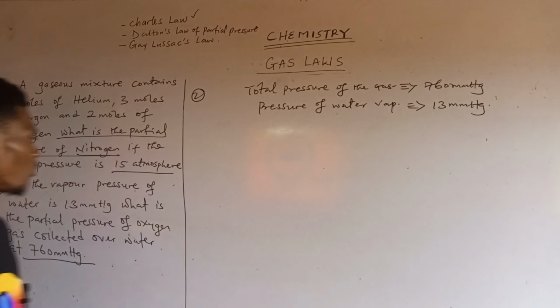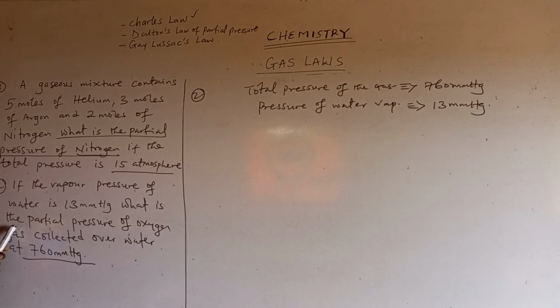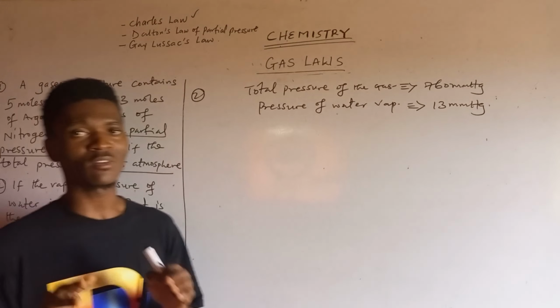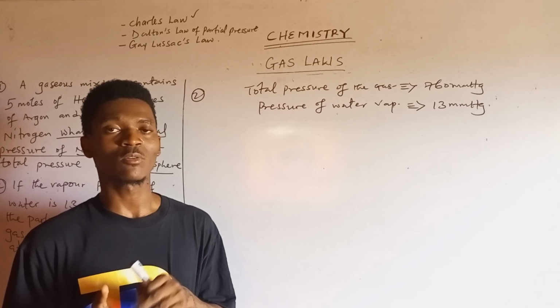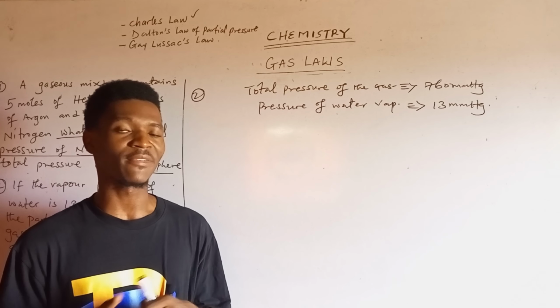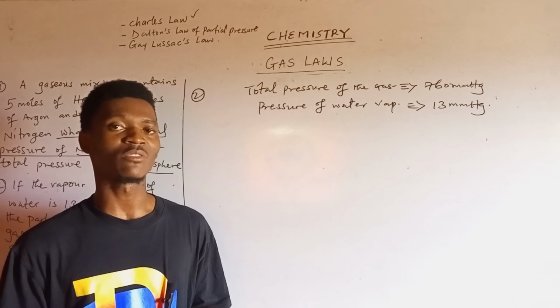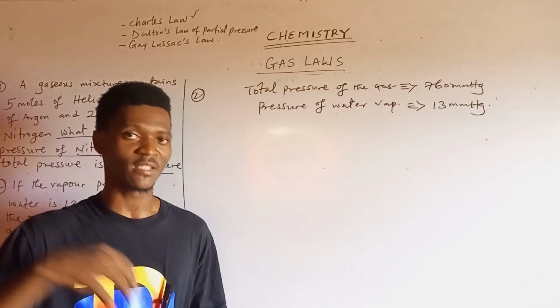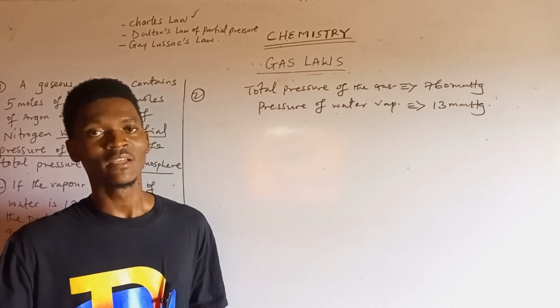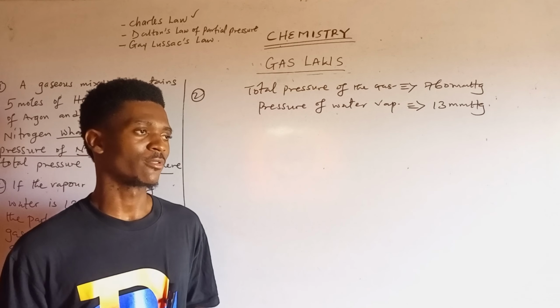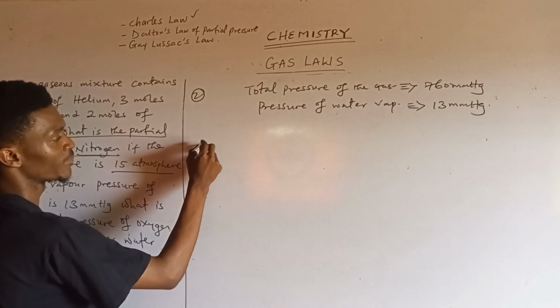All right. Now, what are we told to find? We are told to find the partial pressure of oxygen gas collected over water. So you should take cognizance of this. For gases that are collected over water, the pressure of any gas collected over water is the summation of the pressure of the gas itself, that's the partial pressure of the gas itself, and that of the water vapor pressure. All right, so let me just write it.